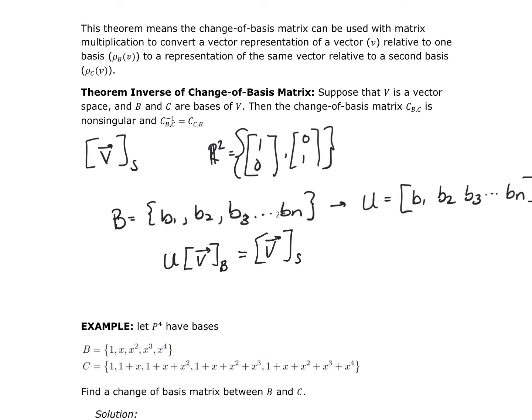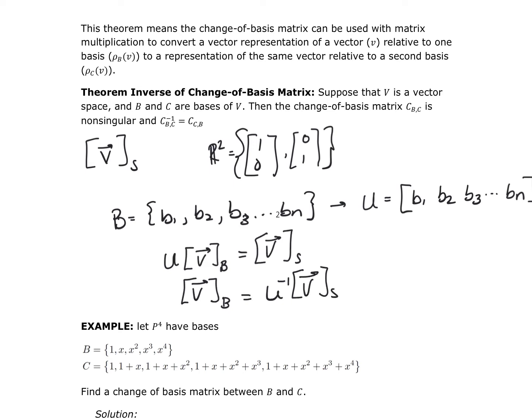Now we know that since U is built of linearly independent vectors, we can assume that it is non-singular, then my vector v with respect to B is going to be U inverse multiplied by my vector v with respect to my standard basis.